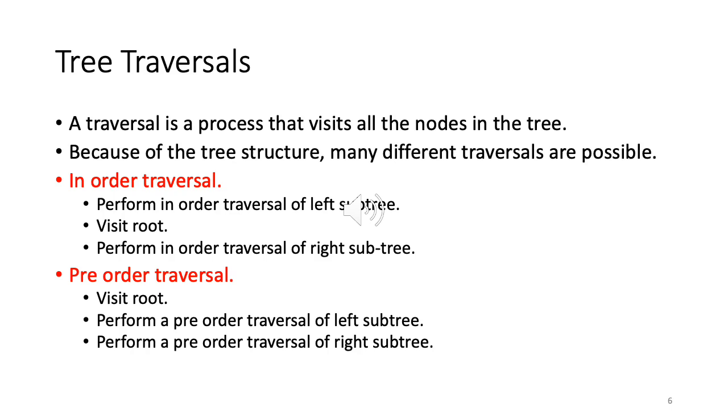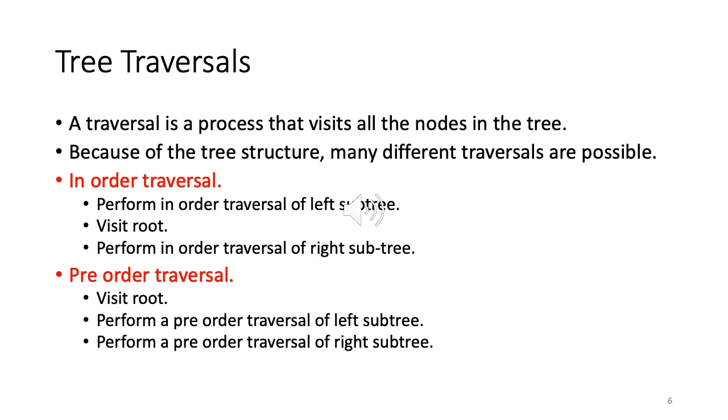For example, if each node in the tree stores some word, and your job is to print all the words, then obviously to print all the words you have to visit all the nodes. Visiting all the nodes is what we mean by a tree traversal.